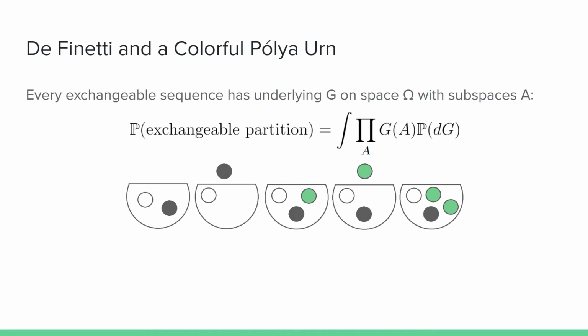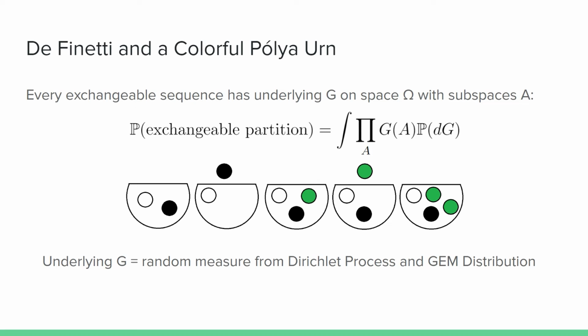If you can imagine a variant of the Polya urn, where drawing a black ball means putting back the black ball and a new colored ball, kind of like the diners picking a fresh new table at the restaurant, it's still exchangeable. As it turns out, the G for this new colorful Polya urn is actually our random measure from earlier, which used the GEM distribution, so that's pretty cool.